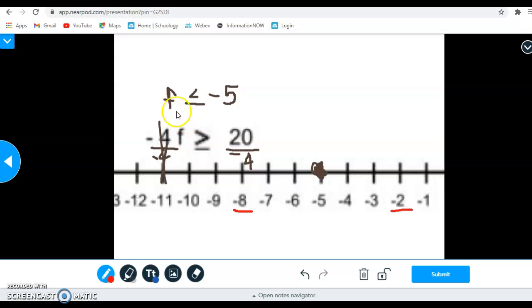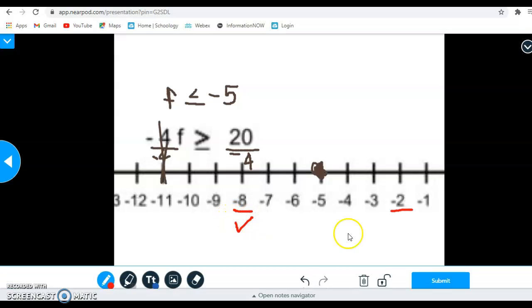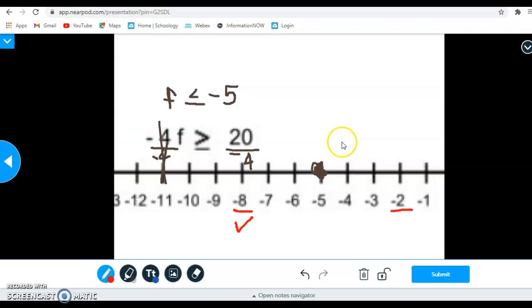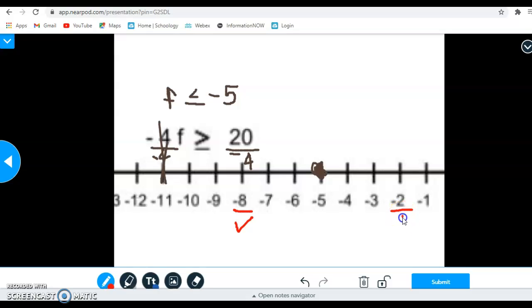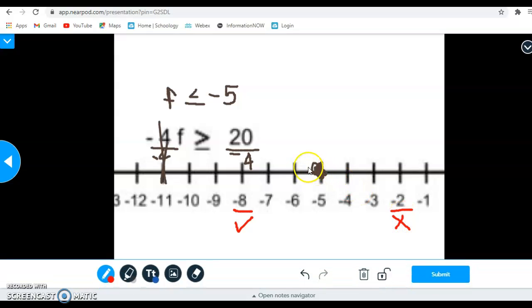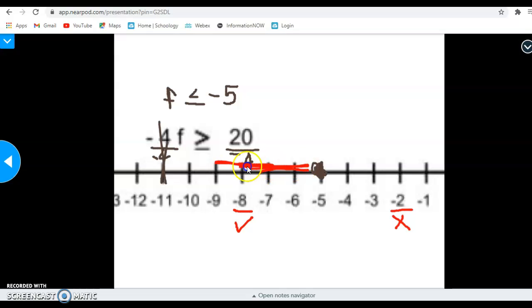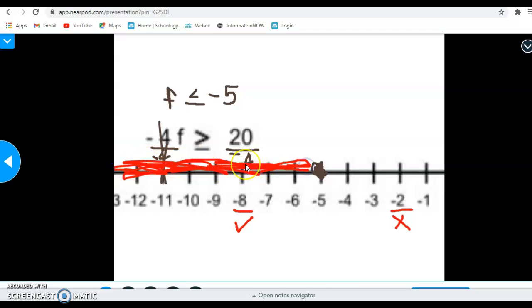Negative 8 is less than or equal to negative 5. Is negative 8 less than negative 5? Yes. Let's look at negative 2. Is negative 2 less than negative 5? No, it's not. So that lets us know that we're shading in this direction.